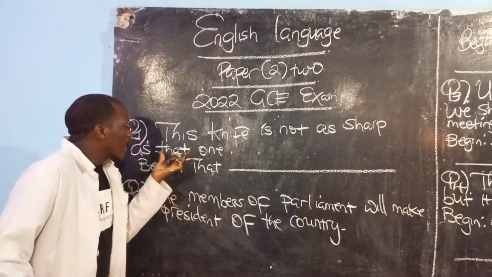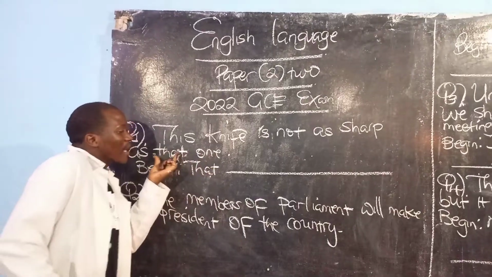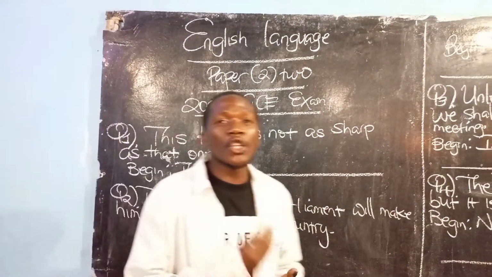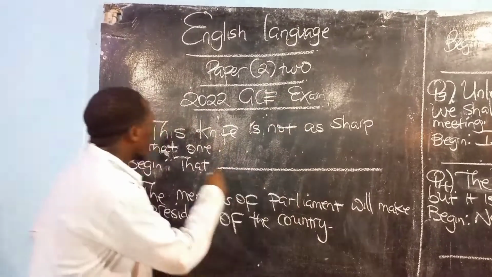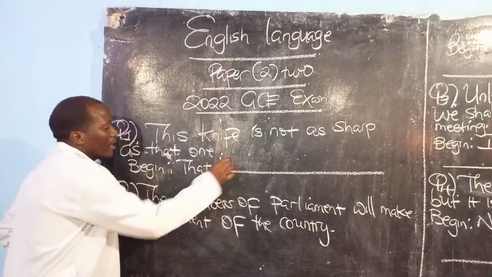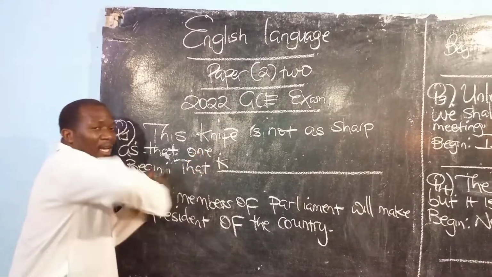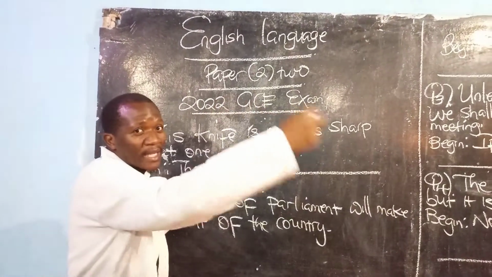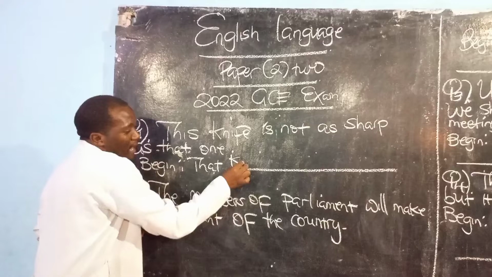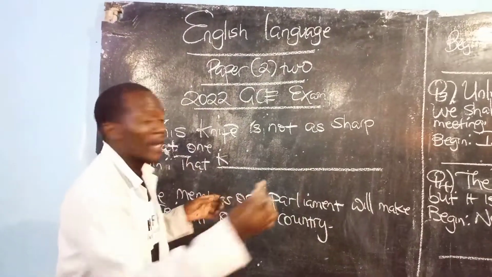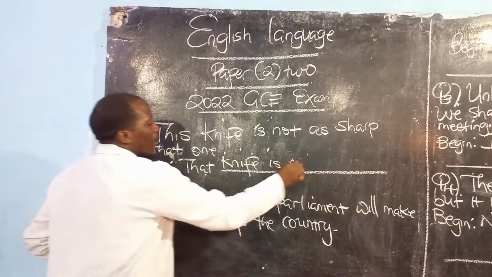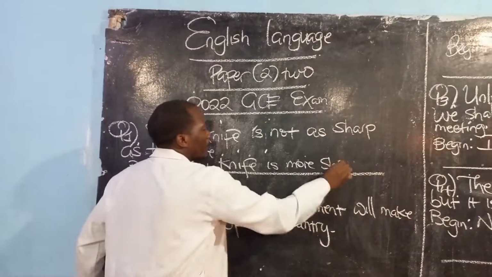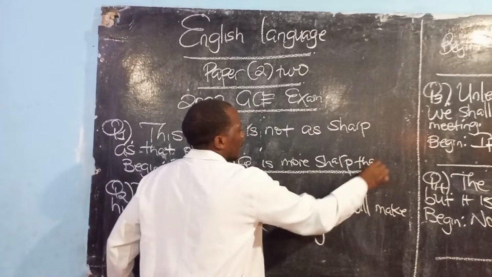So when we start with that one, this means that one is a bit sharper or more sharp than the other one. Hence, we can maintain one, then at last we are going to use the word knife. If not, when we use knife, we're going to end with one. So we're going to say that one is more sharp than this knife.